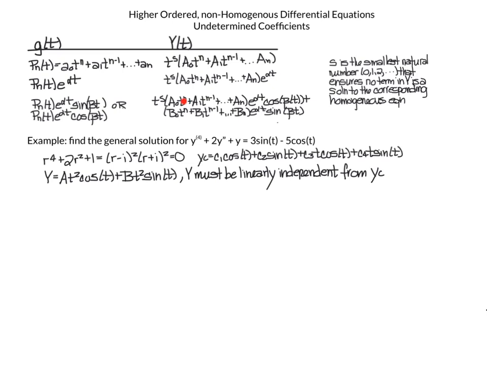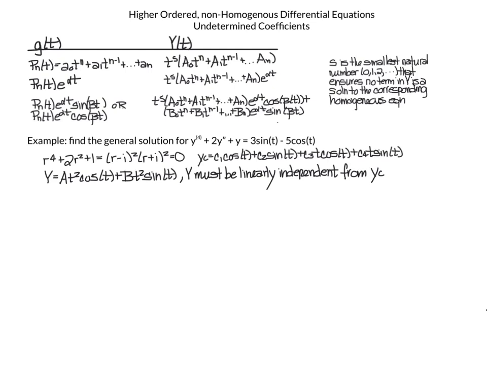So our solution will have coefficients A and B, no e to the alpha t, but a cosine of beta t and sine of beta t, and here beta is equal to 1. So Y is equal to A t squared cosine t plus B t squared sine of t. So where did this t squared come from?